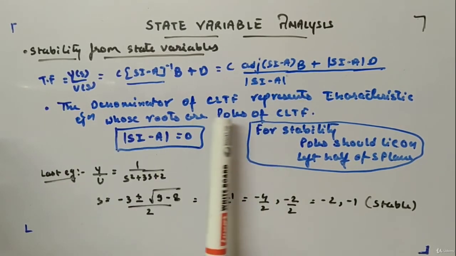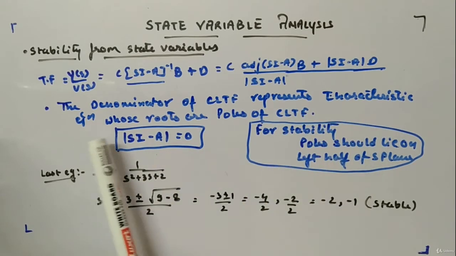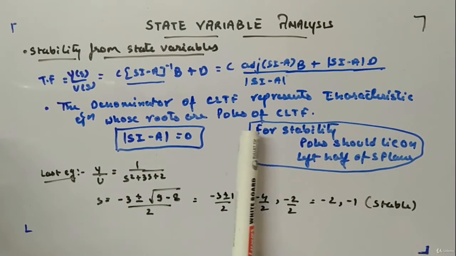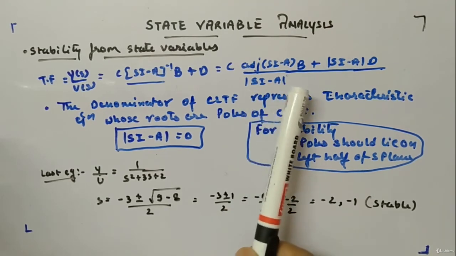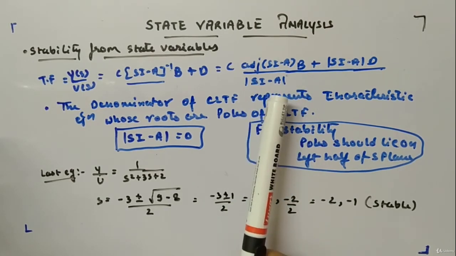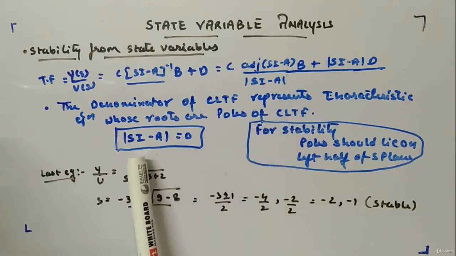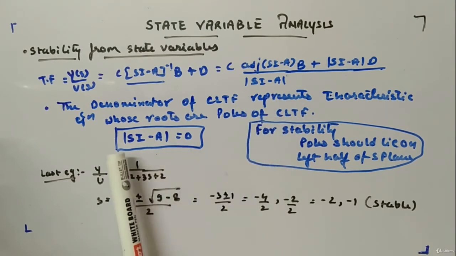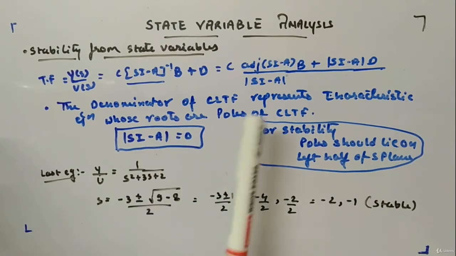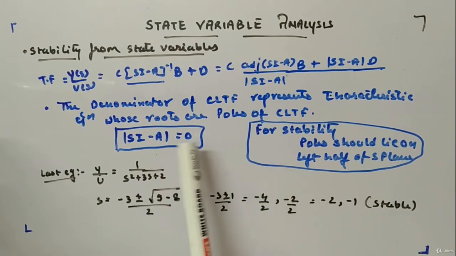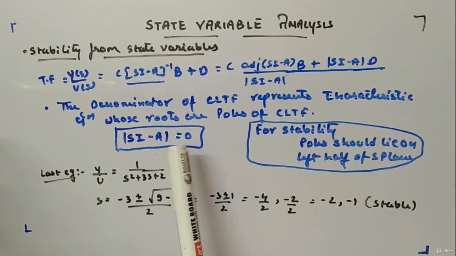Okay, so the denominator of the CLTF represents the characteristic equation whose roots are the poles of the closed loop transfer function. That is, determinant of (sI minus A) is equal to 0. This is the characteristic equation, and the poles of this equation will be the poles of the closed loop transfer function.